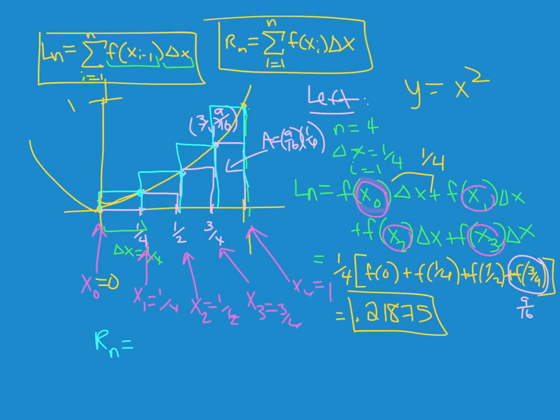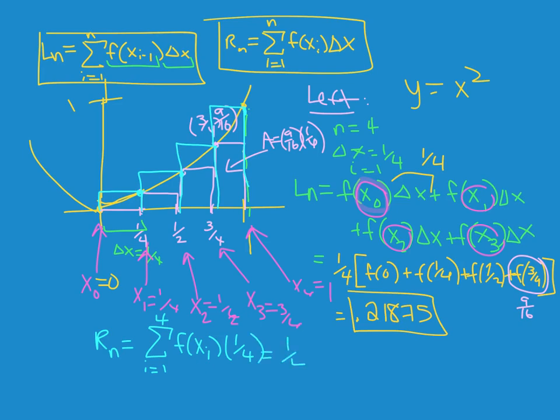So we're going to do 1/4, my delta x. I'll actually show you how to write this out using the summation notation for this. So I'll show you a little bit differently. So I have this formula right here. Remember, n is 4. We already know that delta x is 1/4.